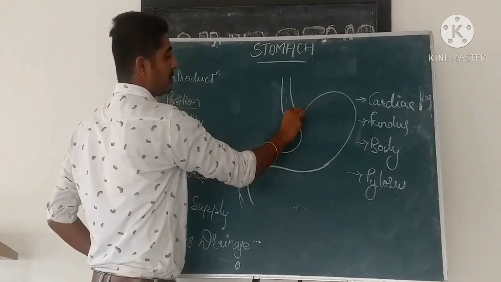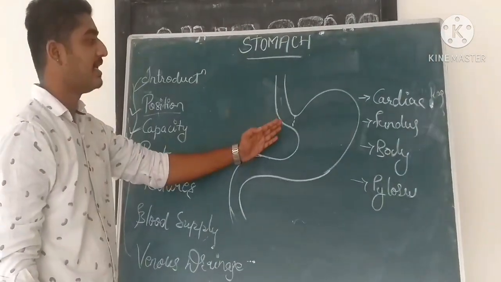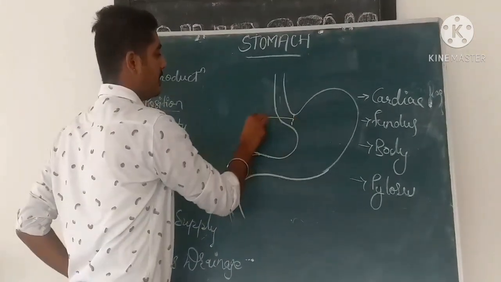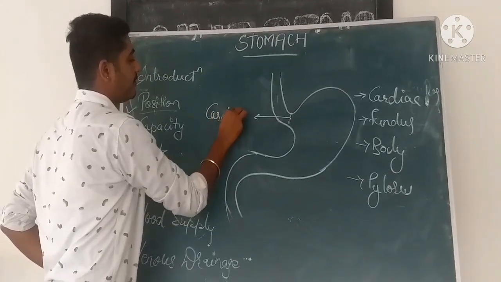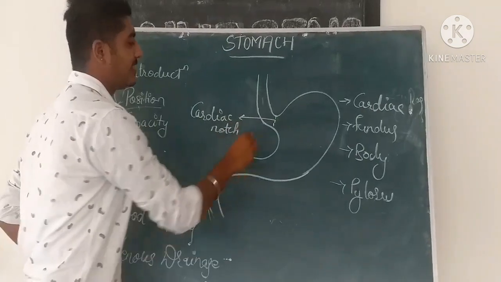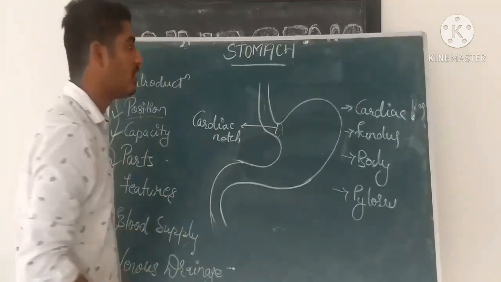Now this particular portion where the esophagus ends and the stomach begins is called the cardiac notch. Soon after the cardiac notch, this particular area is called the cardia.